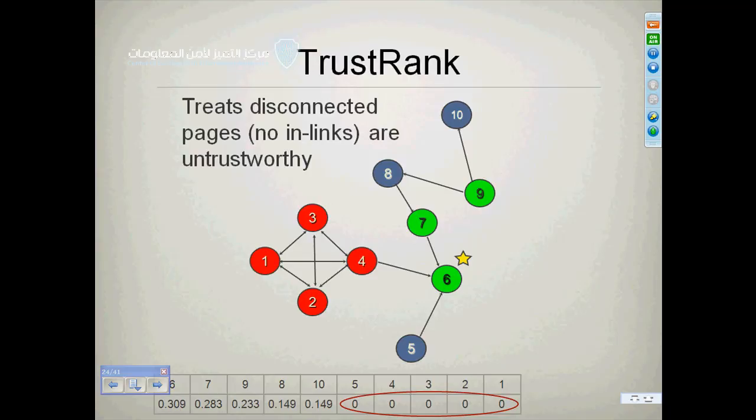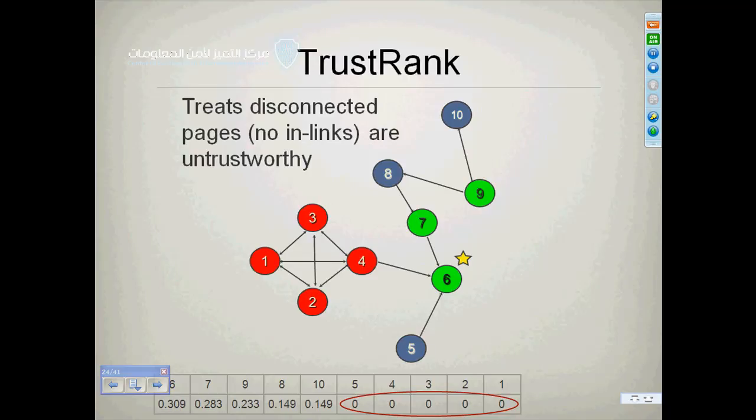In this case, the reason they get all zeros is because these have no incoming edges, and if there are no incoming edges, that means none of the seed sets are pointing to them anyway. And so any page with no incoming edges will not be getting any trust. And then you can see, for example, 6 gets a couple of incoming links, but only one of them is trusted.